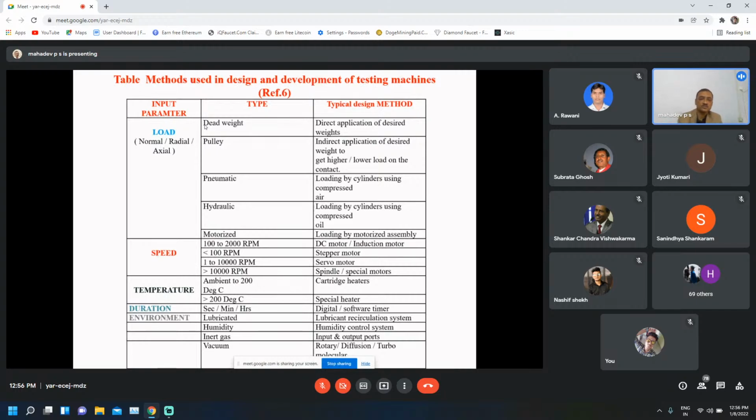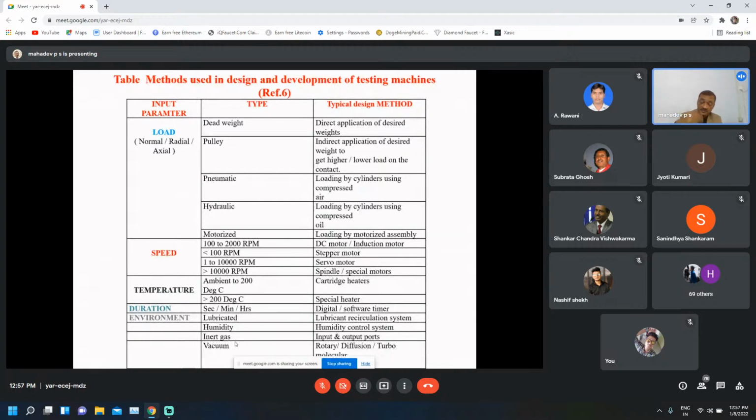The speed can be varied with the help of the machine provided. The temperature can also be varied if it is a high temperature pin on disc machine. The duration, that is time, constitutes sliding time or sliding distance. Okay, and the environment can be lubricated, taking into consideration the humidity.